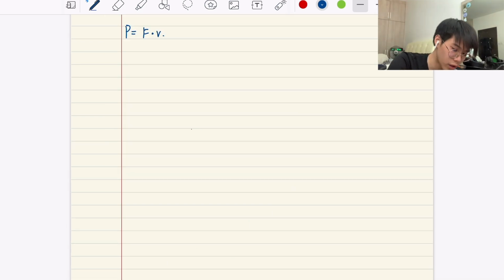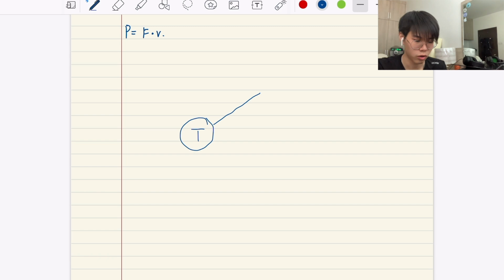Imagine we have a trailer here, and this trailer is pulled by the tow bar because it's going up the slope. If the tension were directed towards the trailer, the tow bar would not be able to pull the trailer anymore. Instead, it would push the trailer. So it doesn't make sense at all in these questions.